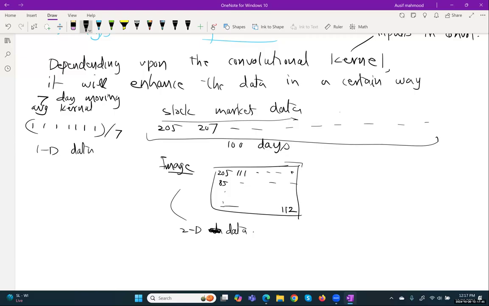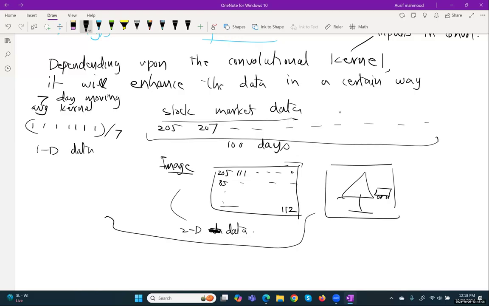Suppose somebody gave you a picture with, let's say, a car or a truck over here, and now we do a convolution of this image with some 2D kernel.